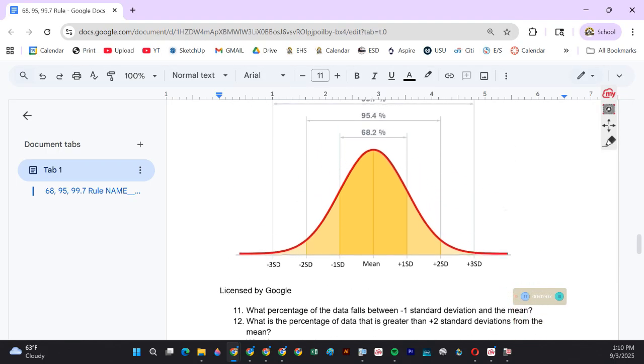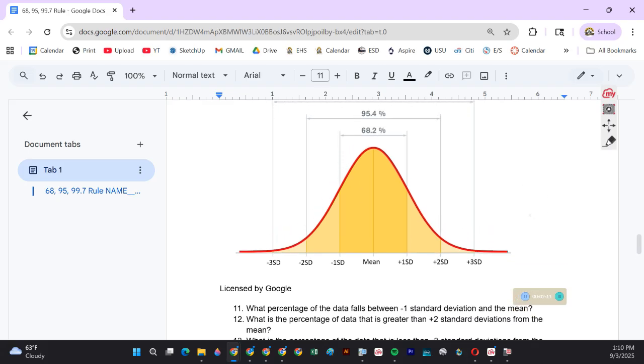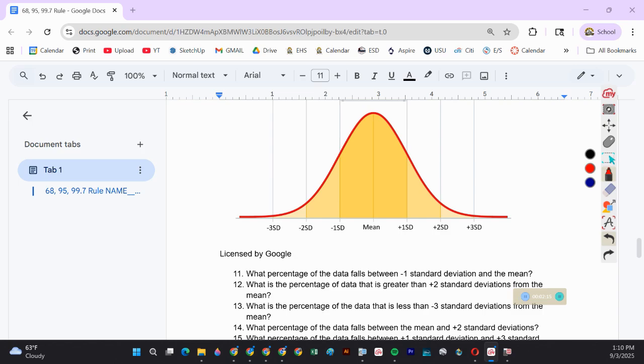So this first question asks, what percentage falls between -1 and the mean? So it would be this chunk of data here. Well, this is 68, so that must be half of it, which is 34. Okay.